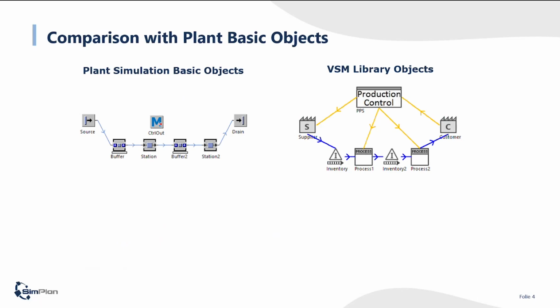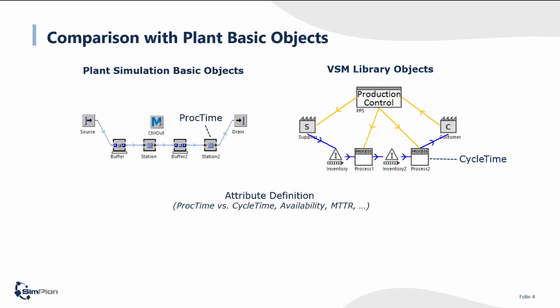All right, maybe also a few comparisons. What are the key characteristics of value stream simulation in comparison to a basic object simulation? Something similar to what we saw last session with Steffen Bangshoff, where you have a simple push line on the left, with a material flow definition from a source to a drain. For value stream, it would be from a supplier to a customer, which might be internal or also external.